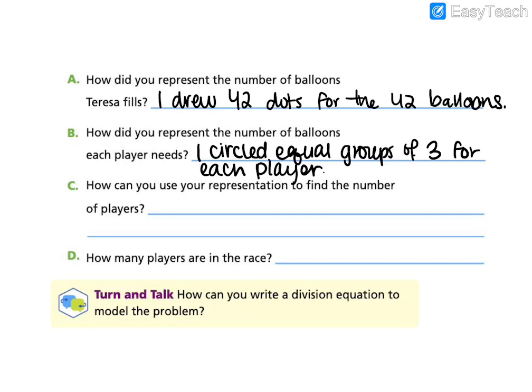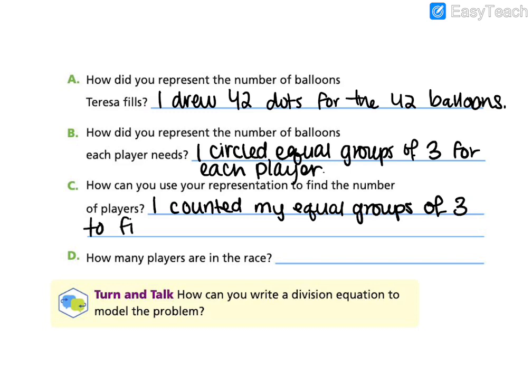Therefore, there had to be 14 players, each with 3 of the 42 water balloons. So, how can you use your representation? I counted my equal groups of 3 to find the number of players.